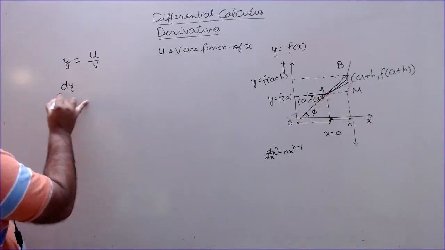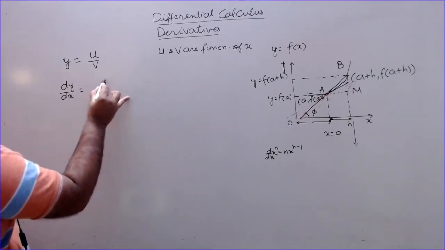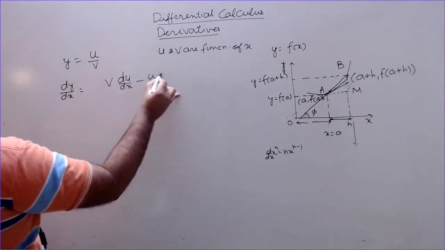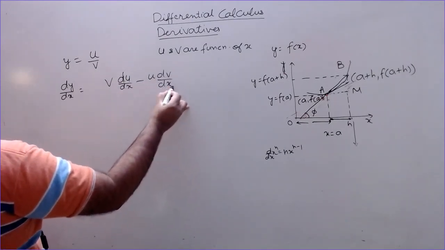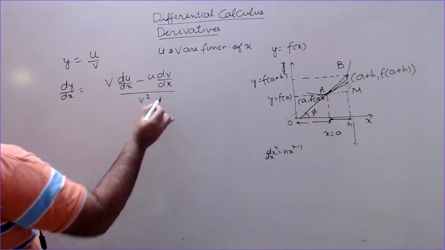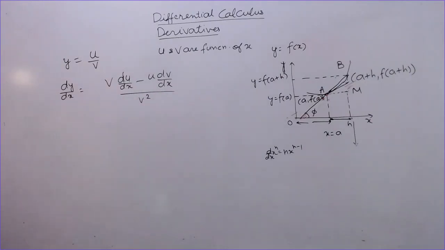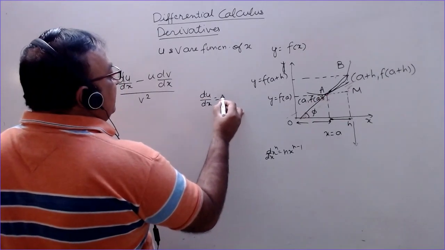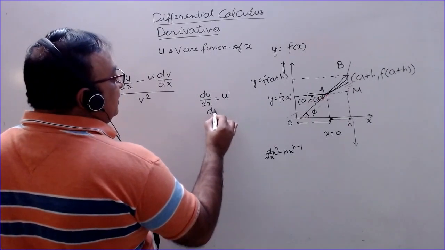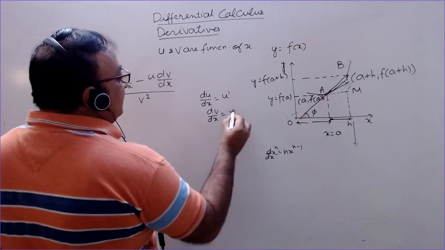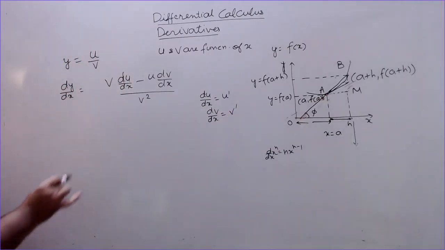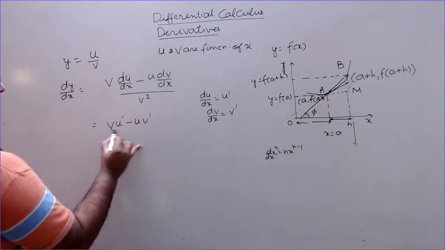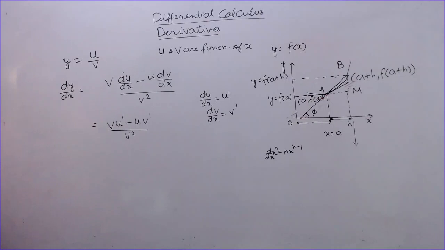So I can write v into du by dx minus u into dv by dx, divided by v square. du by dx, the first derivative, can also be written as u dash, dv by dx is v dash. So (v u dash minus u v dash) divided by v square.